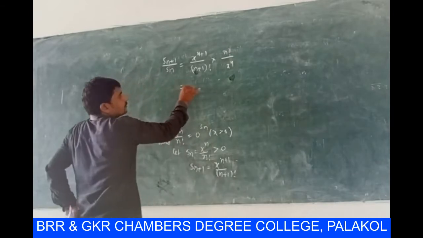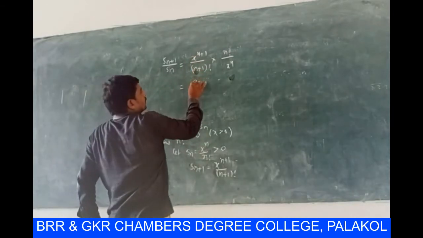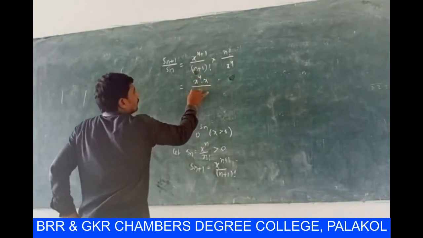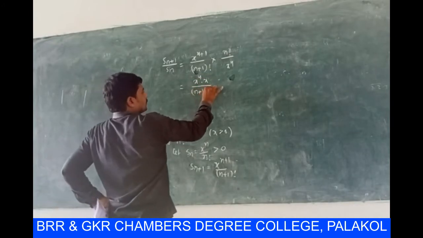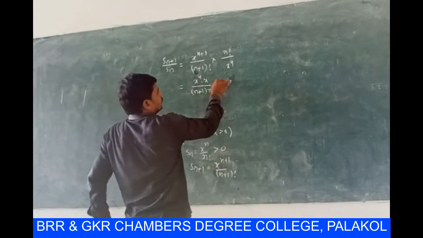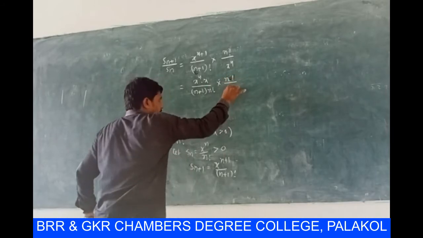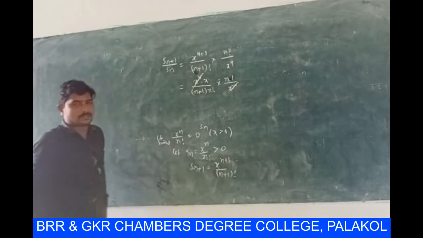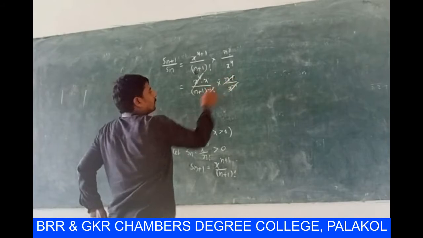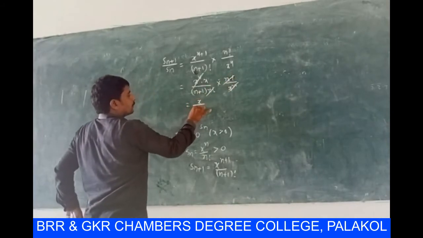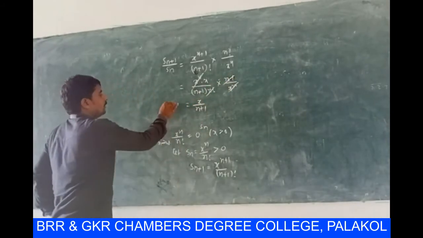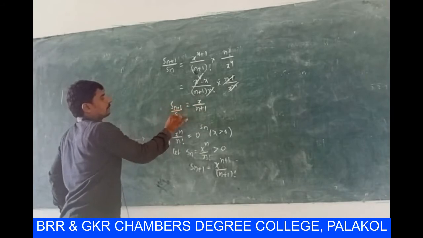By simplifying, x power n plus 1 can be written as x power n into x, and (n plus 1) factorial is (n plus 1) into n factorial. The x power n and n factorial will be cancelled, leaving x by n plus 1. This is the value of Sn plus 1 by Sn.